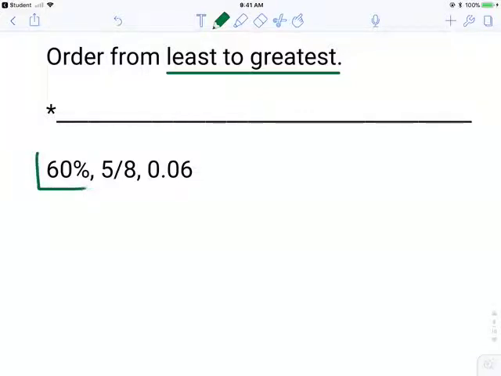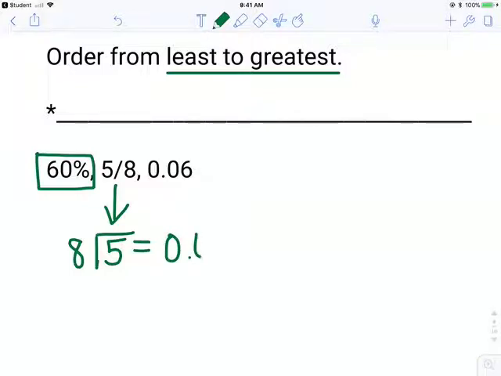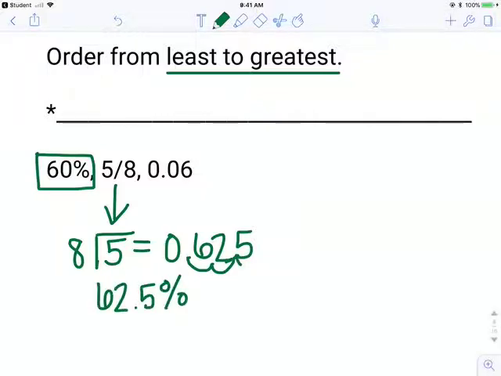So I can leave this 60%. And I'm actually going to need to make this 5/8 go into a decimal first. So I do 5 divided by 8, and 5 divided by 8, again, gives me 0.625. And then I'm going to take that and make it a percentage by moving it 2 places to the right and getting 62.5%.